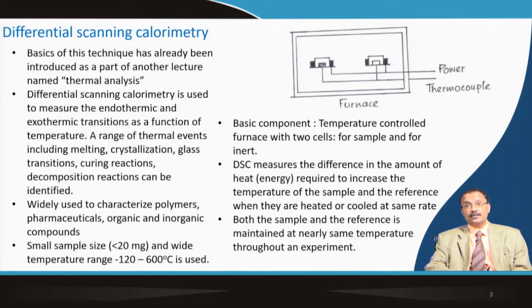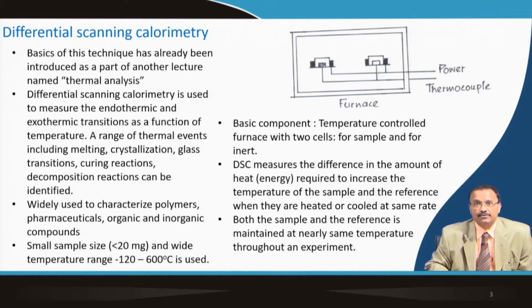DSC measures the difference in the amount of heat, in the form of energy, that is required to increase the temperature of the sample and the reference when they are heated and cooled at the same rate. Both the sample and reference are maintained at nearly similar temperature throughout the experiment. So, it is basically the measurement of the flow of heat.